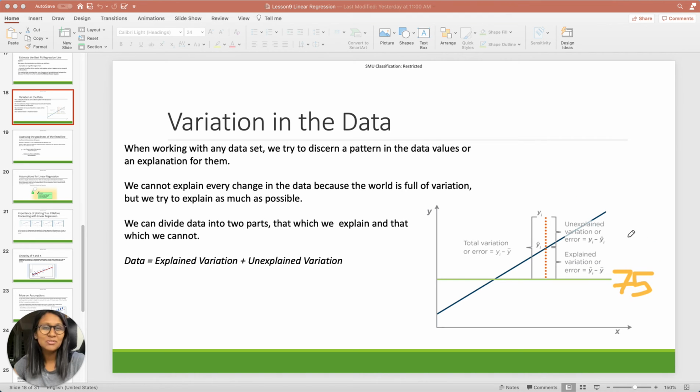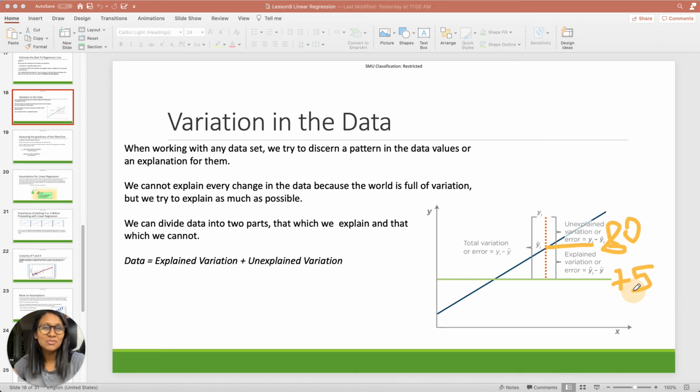The total variation is 90 minus 75, and suppose you're able to estimate that with 80 units. What you're saying is that out of 90, you are able to explain 80 units, but 10 units difference you cannot explain. That is the error in your model. The explained part is the difference between the estimated value, which is your 80 units, and your mean value, which is 75 units.